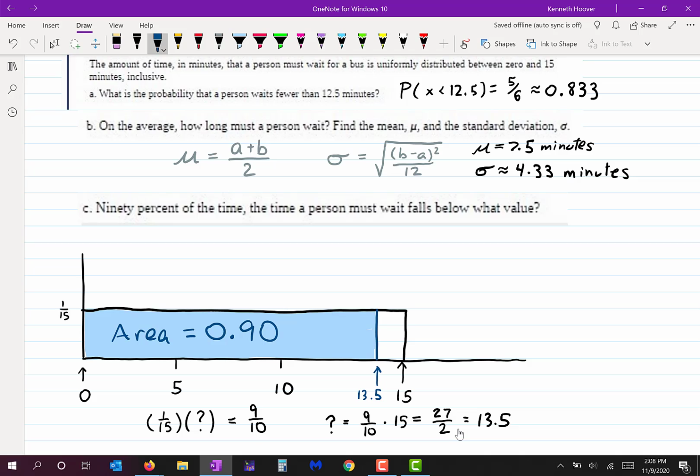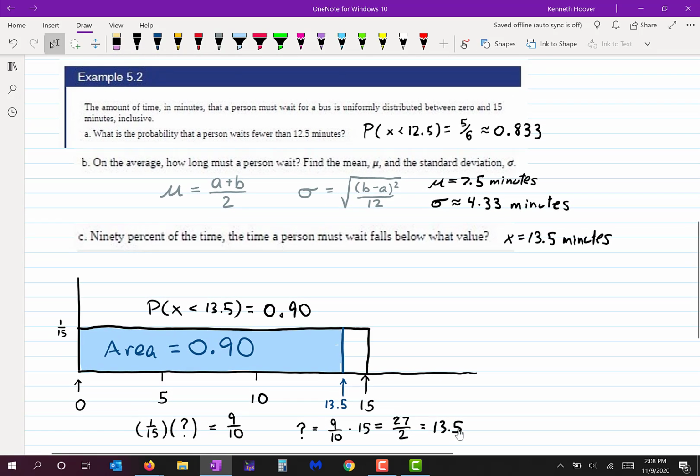I could say the probability that x is less than 13.5 equals 0.9. And the answer to that question, we would say x equals 13.5 minutes. So that is how you work with a uniform probability distribution.